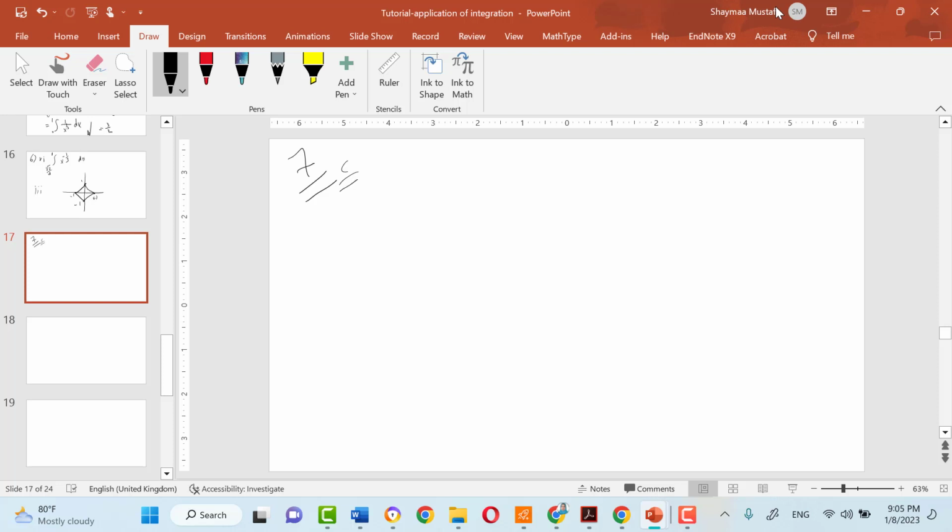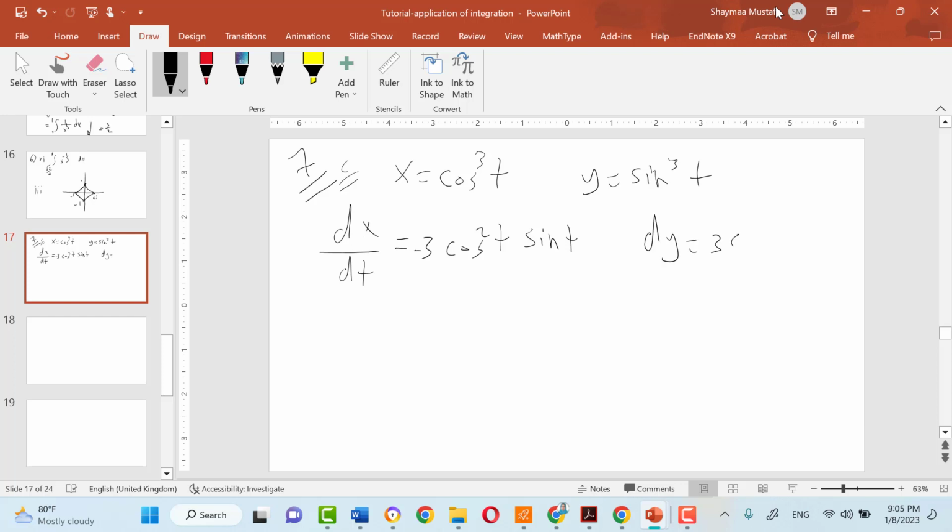You have x equal to cosine cubed t, y equal to sine cubed t. So to find the arc length, dx over dt is 3 cosine squared t times minus sine t, and dy over dt is 3 sine squared t cosine t.